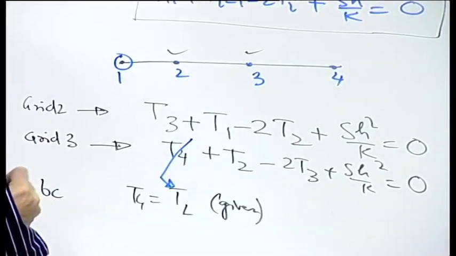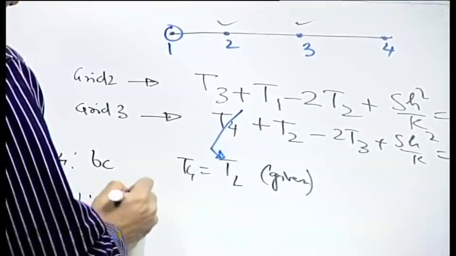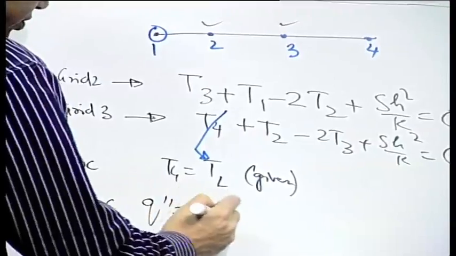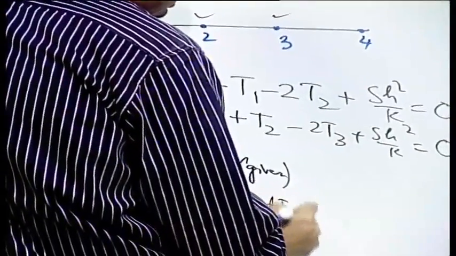So, this was grid point 4. For grid point 1, the boundary condition is that the heat flux is 0, that means K dT/dx at 1 is equal to 0.